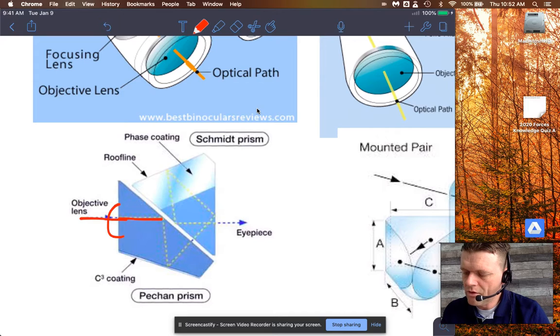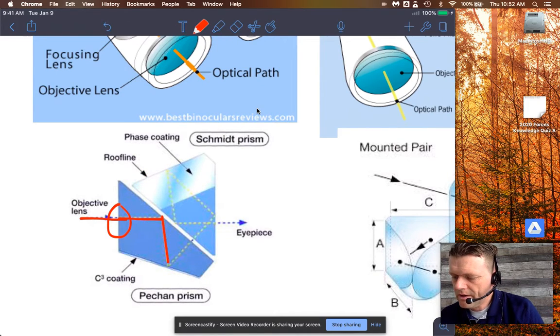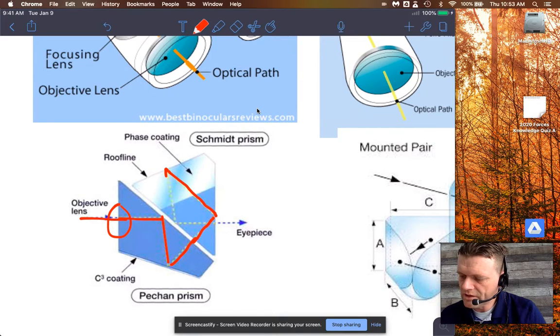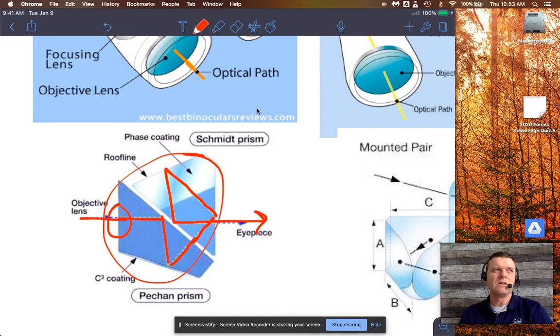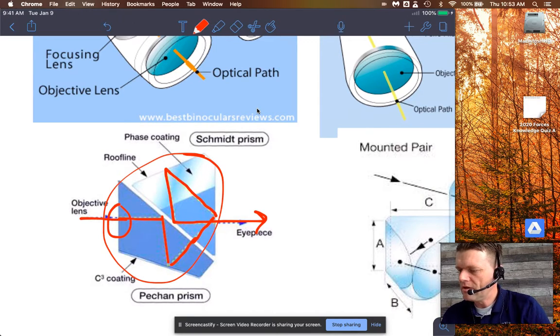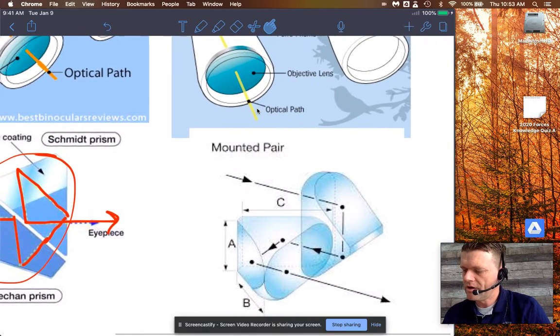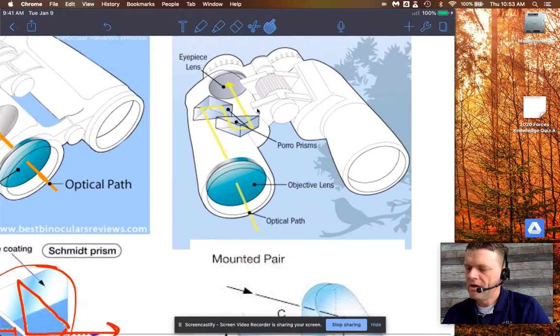There's no refraction here, but in here it's internal reflection. Then it internally reflects again, jumps an air gap, goes into the second prism, internally reflects, and finally goes out into your eye. Look at all of this distance that we were able to cover in a confined space because of internal reflection.